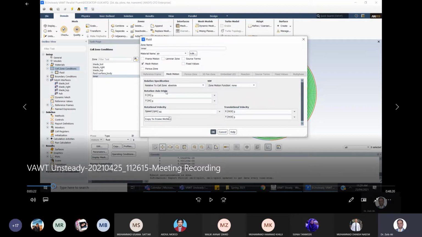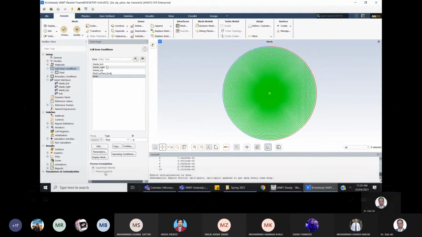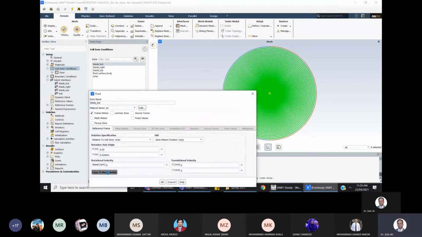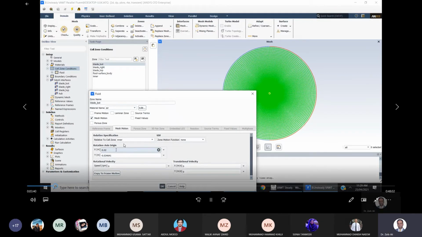So you just need to click copy to mesh motion. And you need to repeat this for each smaller blade zone as well. Copy to mesh motion. And you'll see that it will just copy the same properties in the mesh motion. That's it.